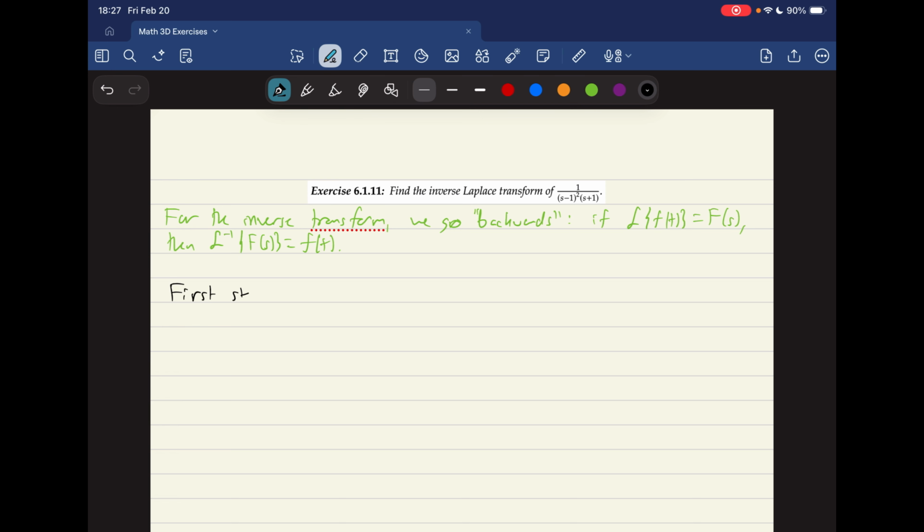First step: if the Laplace transform is a rational function, as I just mentioned, you should do partial fraction decomposition.